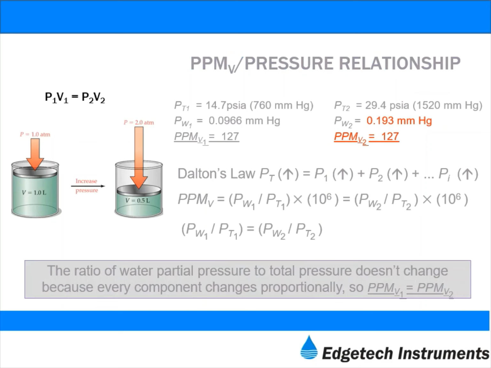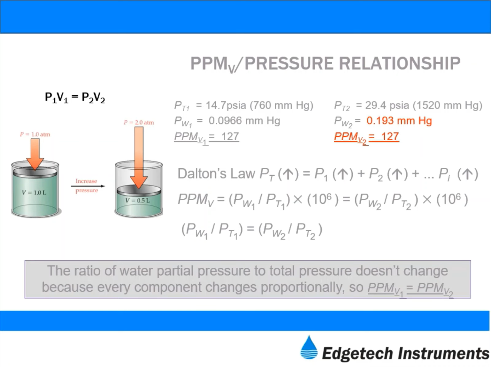The total pressure is going up by the same ratio that the water vapor pressure is going up. So that in that calculation of ppm of pW over pT, that ratio actually stays the same. So the ppm value stays the same at 127 ppm in this example.